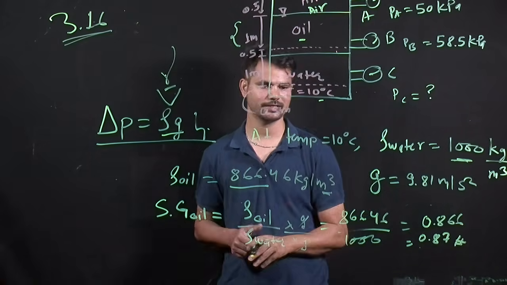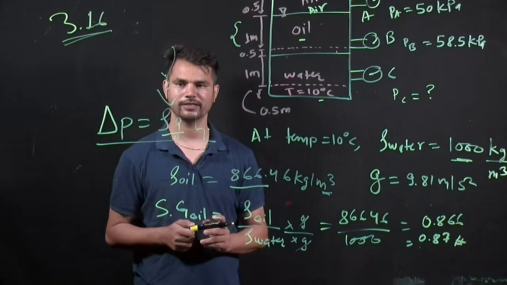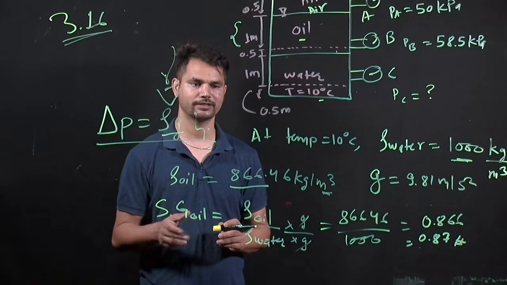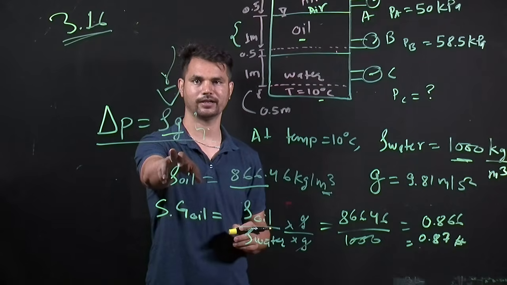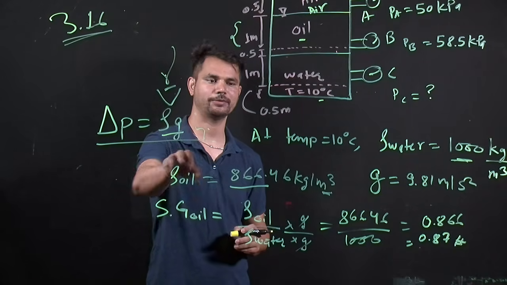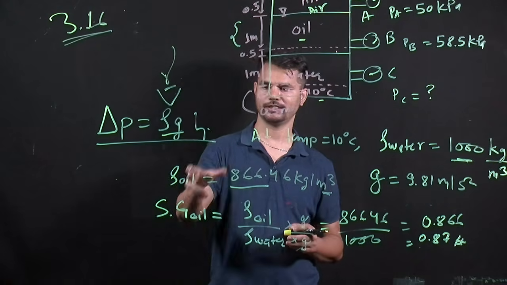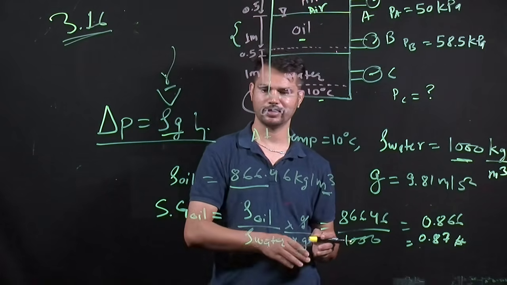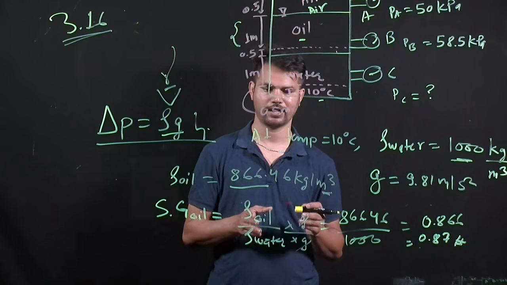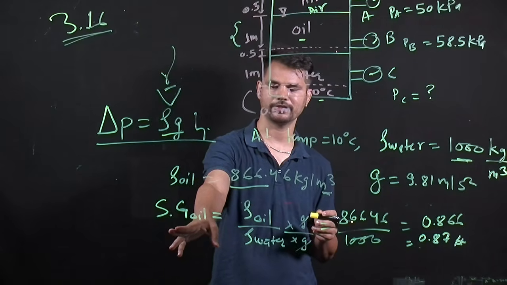So here what we did, we simply applied this hydrostatic pressure change formula, density times acceleration due to gravity times height. Based on that we computed the density of oil, and from that density of oil we found the specific gravity of oil.